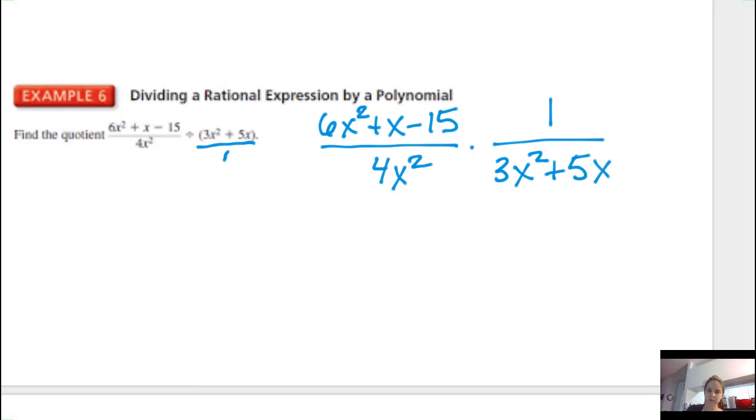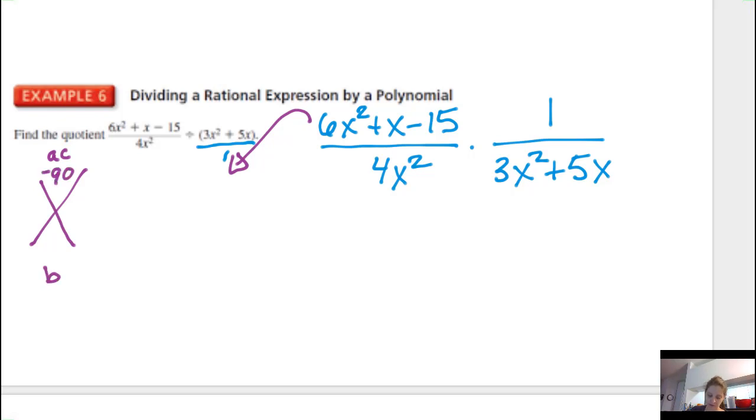2, we're going to completely factor the numerator and denominator. This one has an a value greater than 1, so I'm going to have to do some additional work here. I'm going to put the product of a and c, which is negative 90, and then b down here, which is 1.